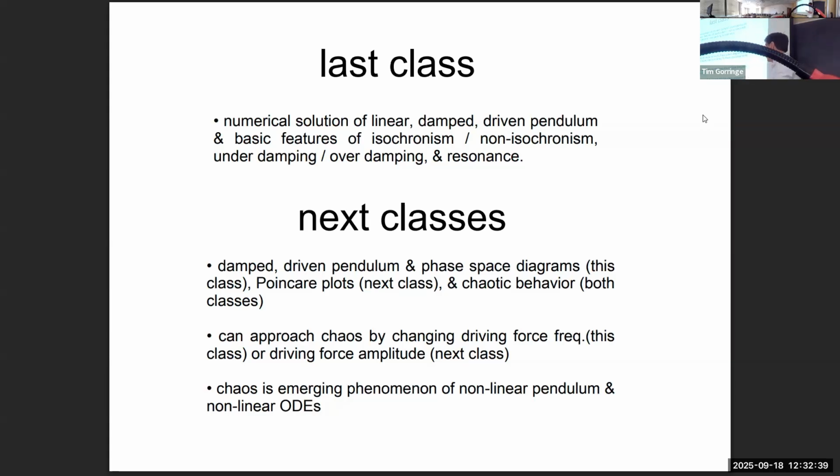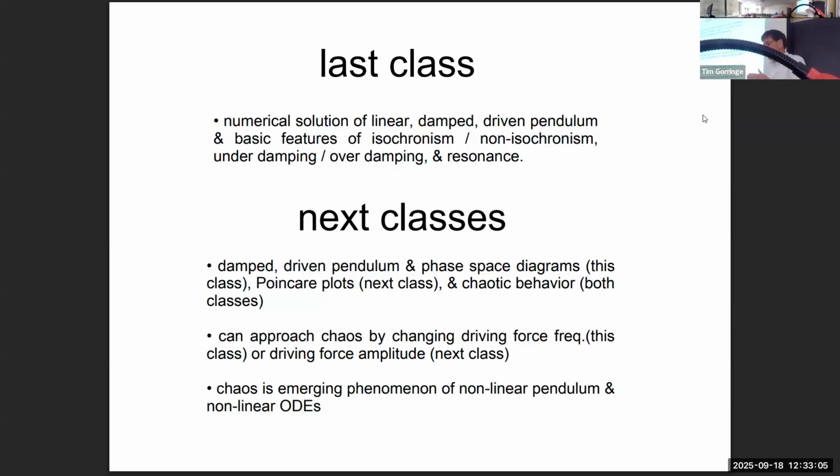In today's class, and actually the next class, we're going to work towards exploring chaotic motion, chaotic behavior, for the pendulum. To explore chaotic behavior, I want to introduce two further ways of visualizing and plotting pendulum motion.